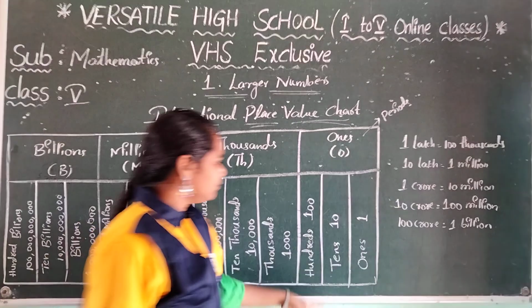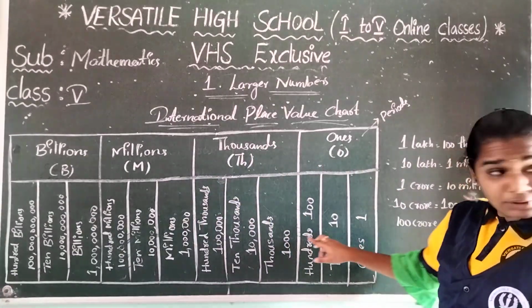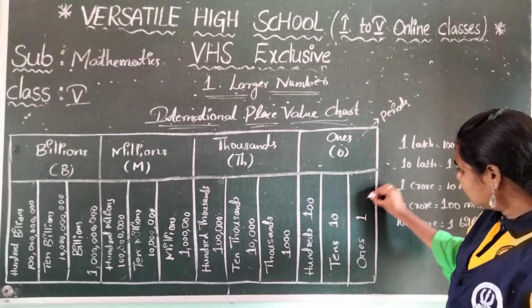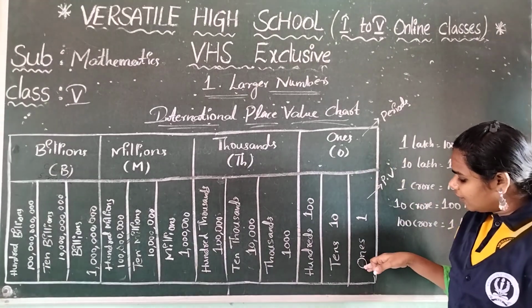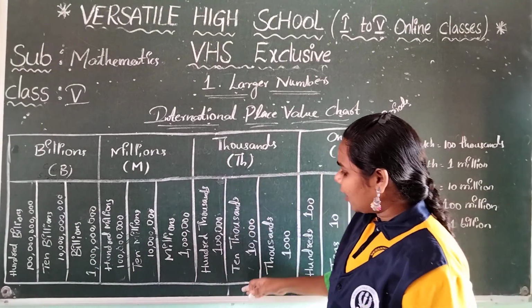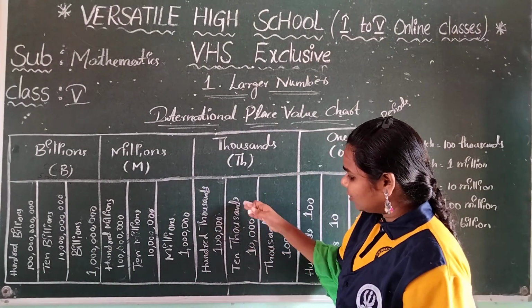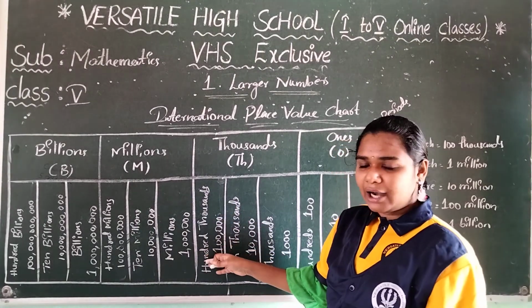Ones period has 3 place values. What are they? These are place values: ones, tens, hundreds. Next, thousands period also has 3 place values: thousands, 10,000s, 100,000s.